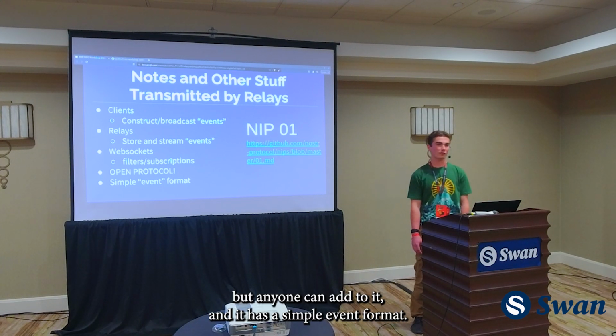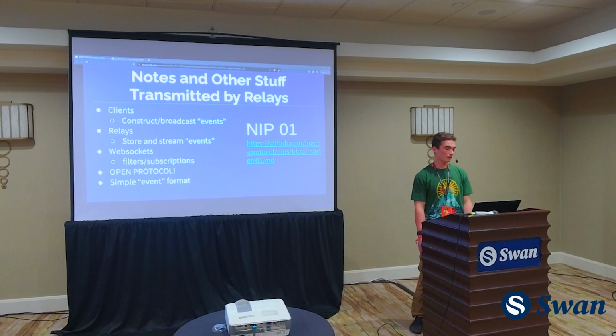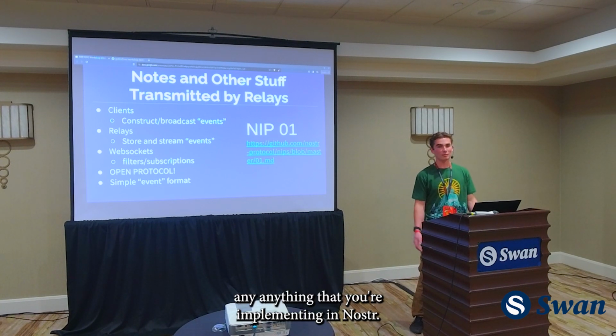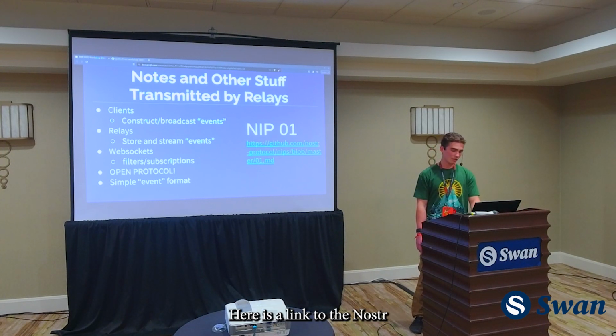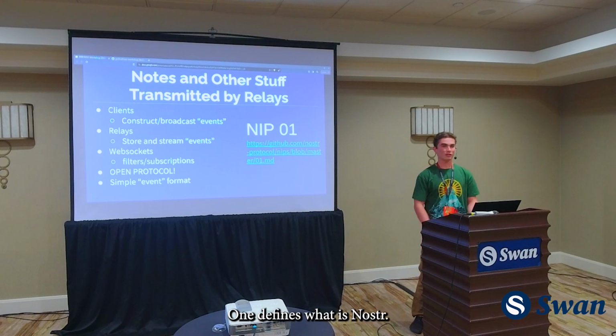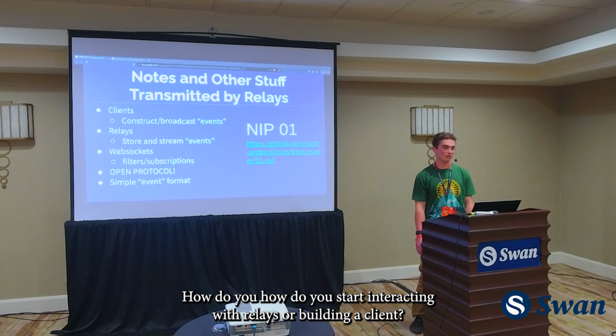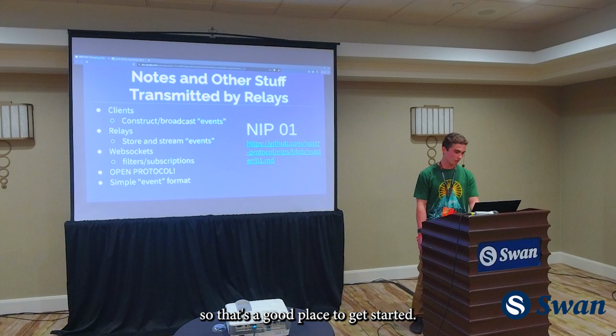And it has a simple event format that's consistent across anything that you're implementing in Nostr, so it makes it really easy to build on. Here is a link to the Nostr protocol repo, and NIP-01 defines what is Nostr. How do you start interacting with relays or building a client? So that's a good place to get started.